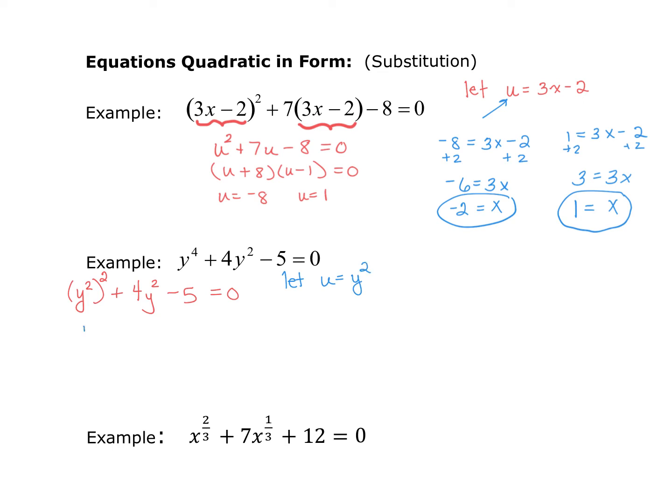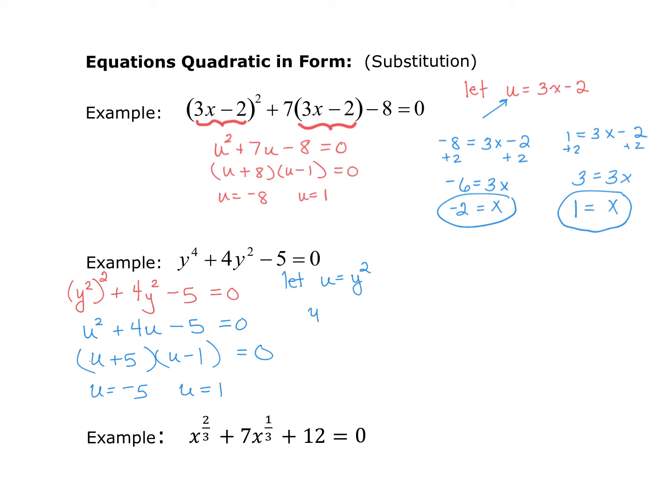And when I do that, I get u squared plus 4u minus 5 equals 0. And again, this will nicely factor as u plus 5 and u minus 1. So for u values, we get negative 5 and 1.